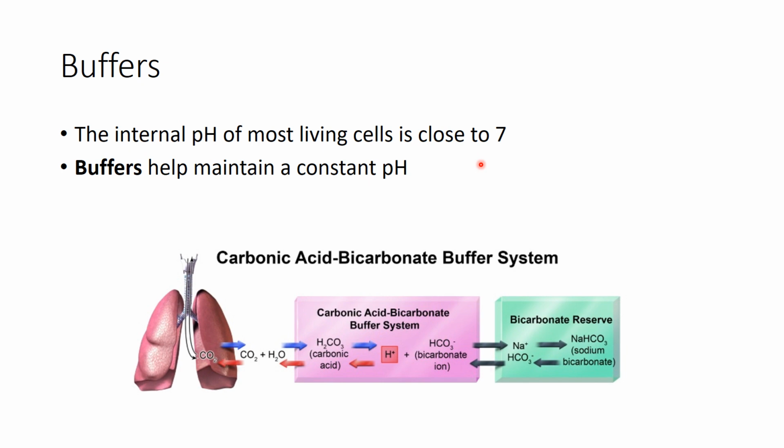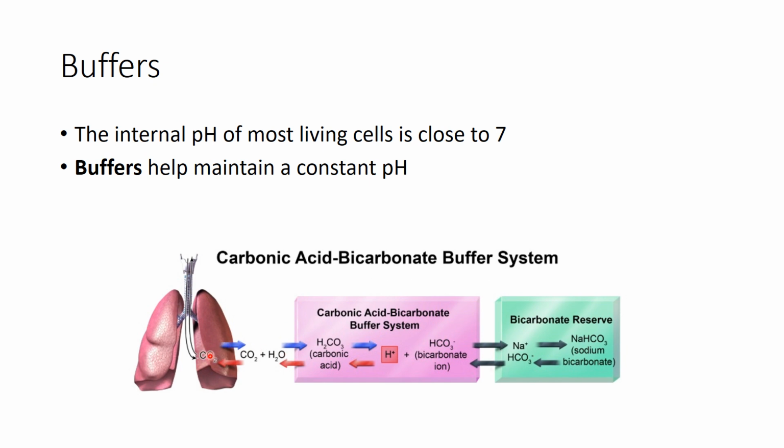So in the blood, and it involves the lungs, a transfer between the carbon dioxide and oxygen in the lungs, this helps maintain the buffer system in the blood, right? So this is called the carbonic acid bicarbonate buffer system.